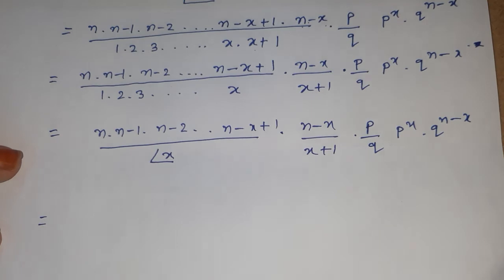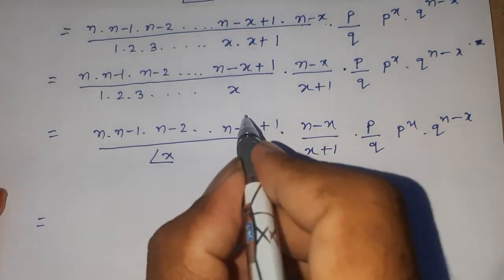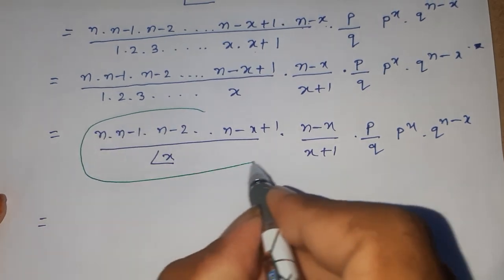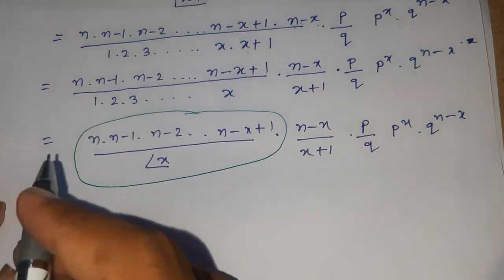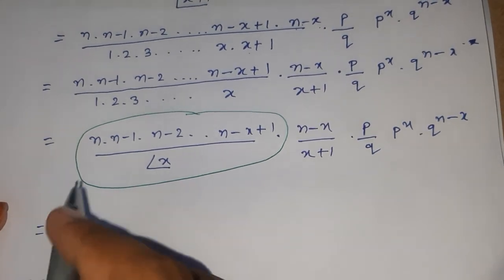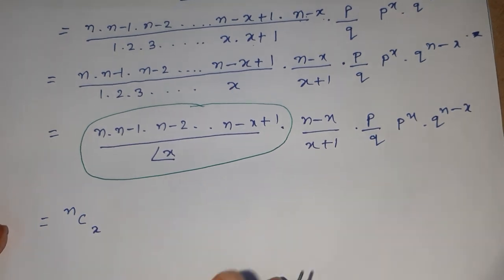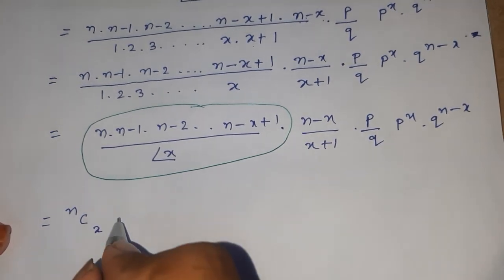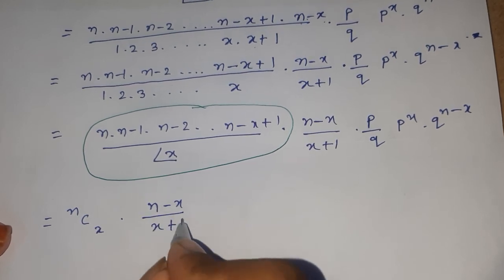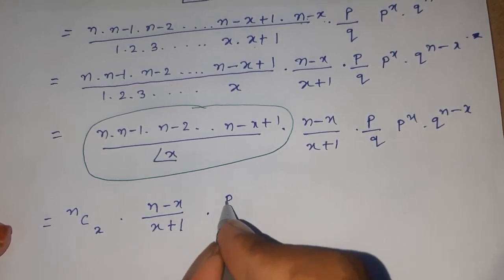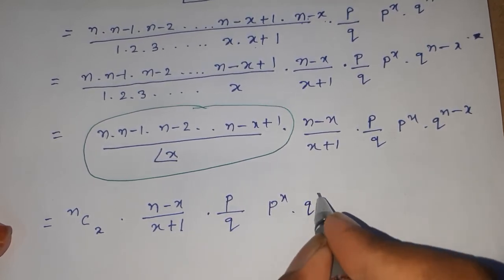But this term can be written simply as nCx into n minus x by x plus 1 into p by q into p power of x, q power of n minus x.